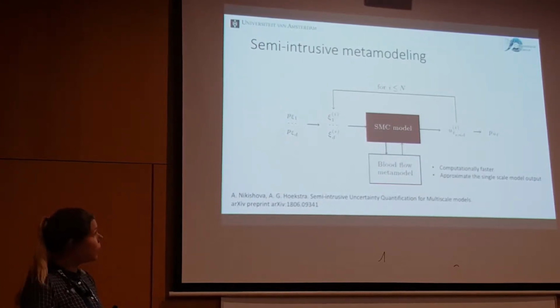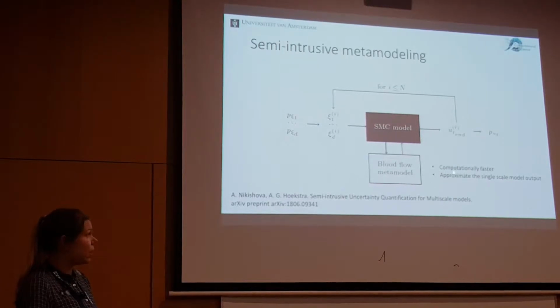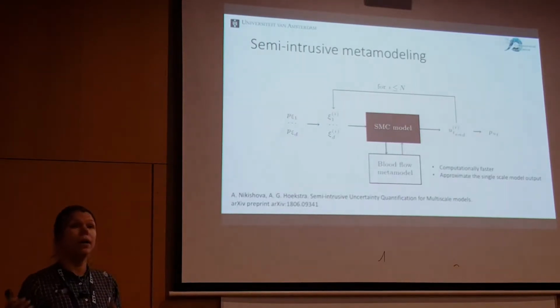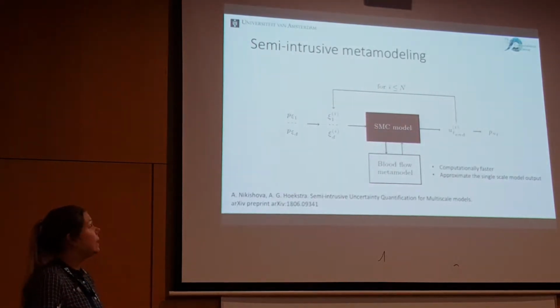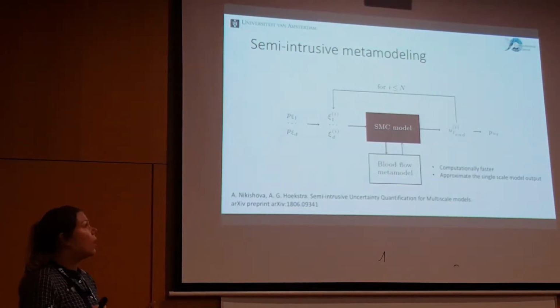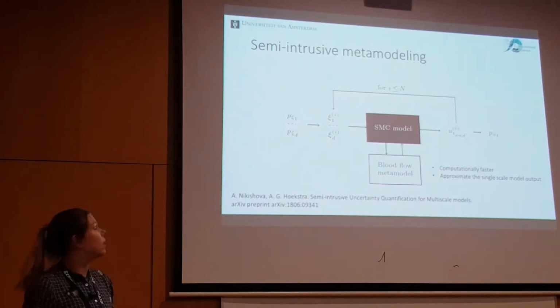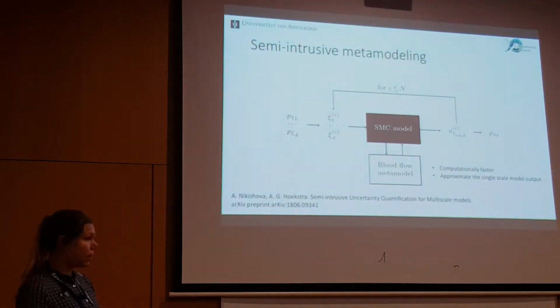And in this work, we applied multiscale metamodeling, a semi-intrusive method, where the most expensive computational part of the simulation is substituted by a surrogate. This surrogate should approximate the output of the micro model well, but produce the result much faster. Usually, metamodel methods for UQ are used to substitute the whole model.